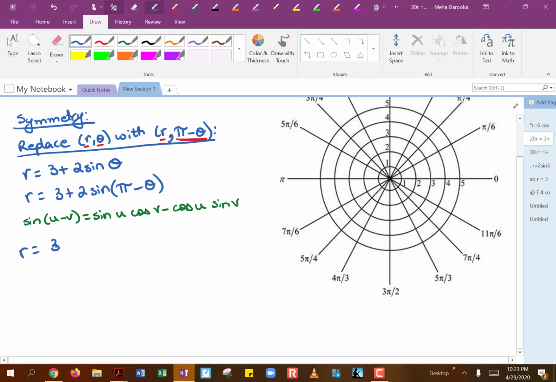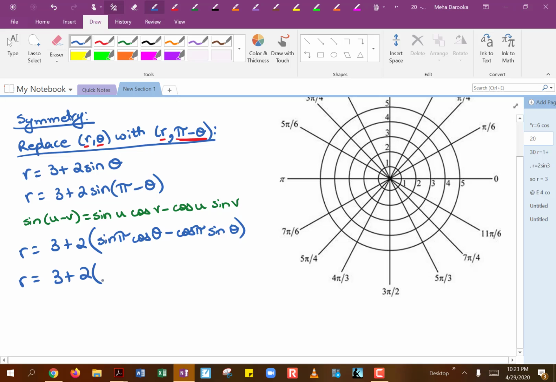So when you translate that for this equation, it will come out to be sine of pi cosine of theta minus cosine of pi sine of theta.